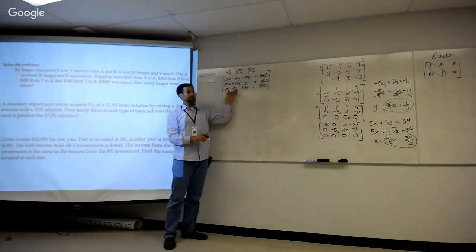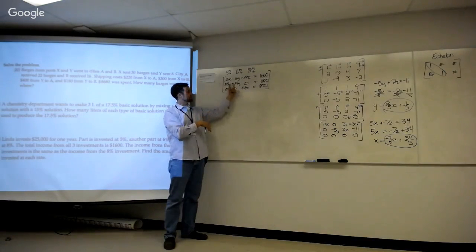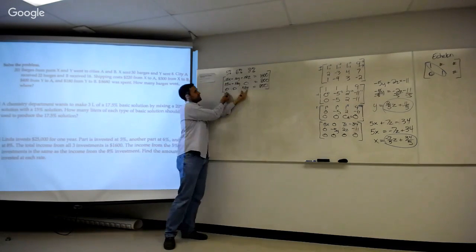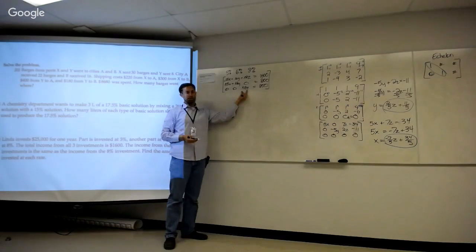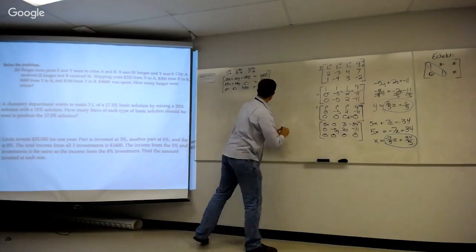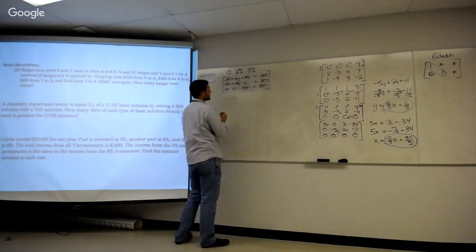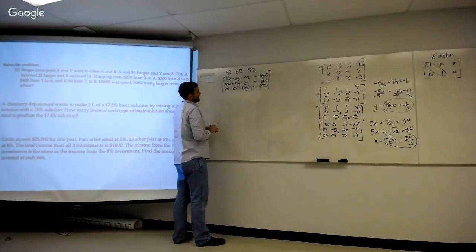This last one. So this is a good one to stay in that row because we want a 1 right here, and a 1 here, and a 1 here. We've already got some zeros here. We're working our way towards echelon form already. So this is going to be our ultimate echelon. And we'll start working on it.